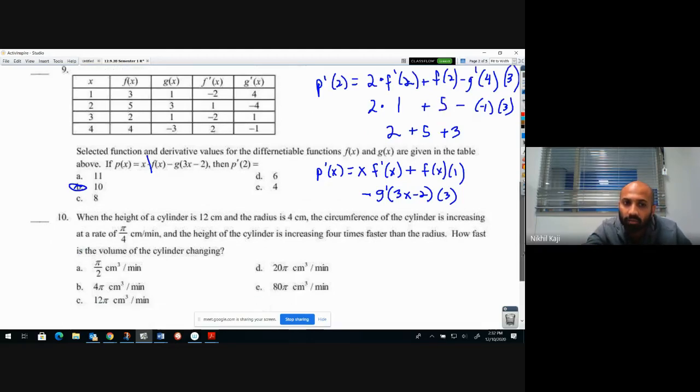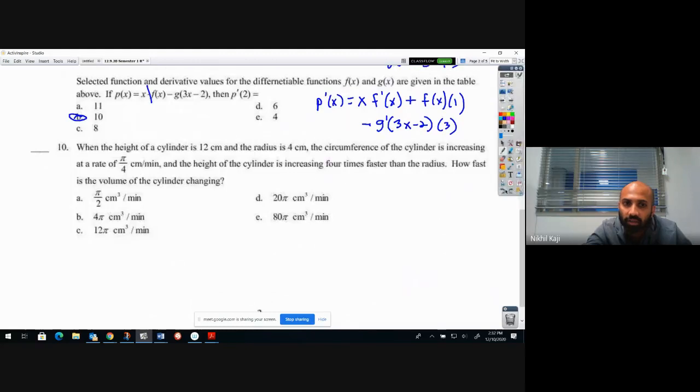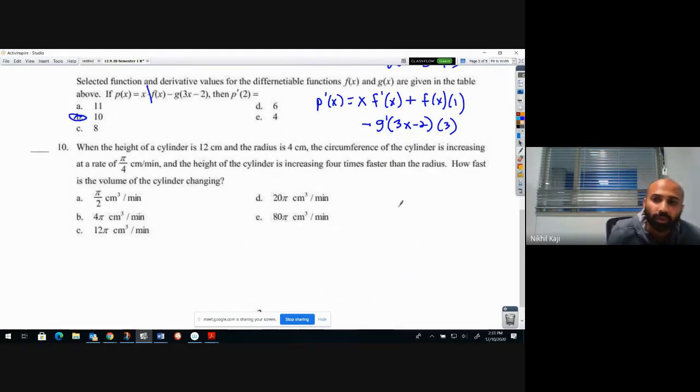All right, number 10. Change the color. Number 10 is a related rates problem. So we have a cylinder that is getting bigger. At this specific moment, the height of the cylinder is 12, the radius is 4, the circumference is increasing.